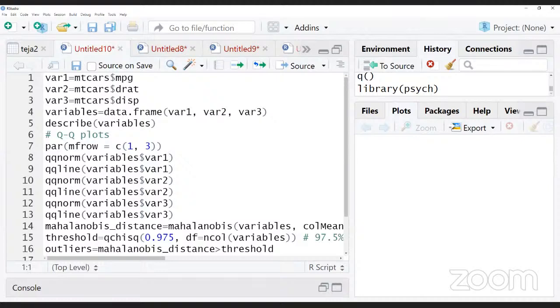So when you are studying the attitude, then the attitude includes several variables. For example, whether it is reliable, whether cleanliness is maintained in the school, whether a safety system is there.